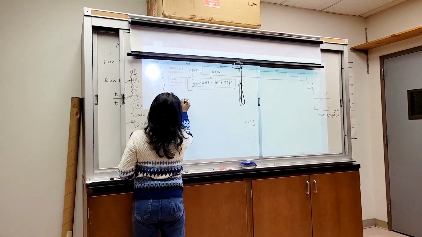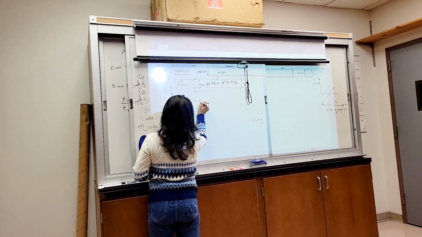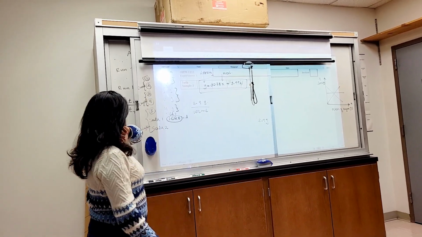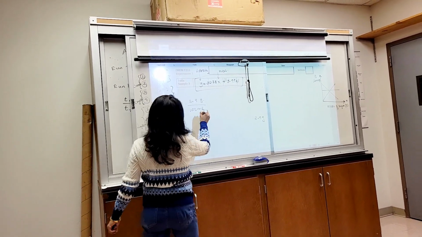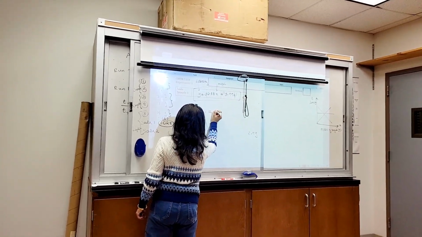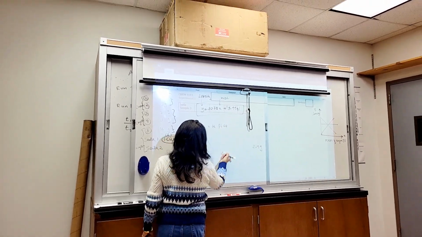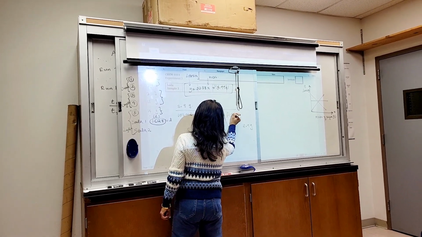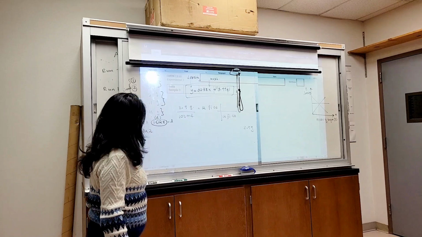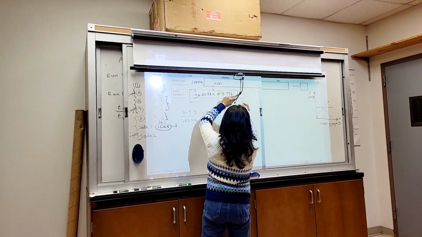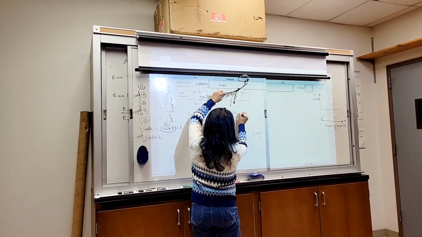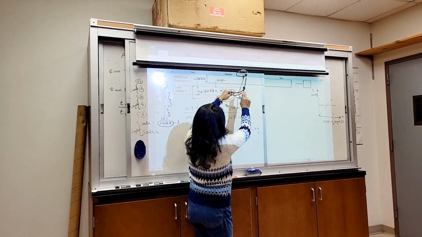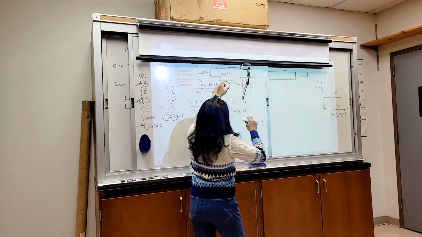We have 8.9 grams in how many milliliters? 100. So you want to find out in 12 fluid ounces, and 12 fluid ounces equals how many milliliters? 355 milliliters. Fluid ounces cancel. So this will give you the amount.